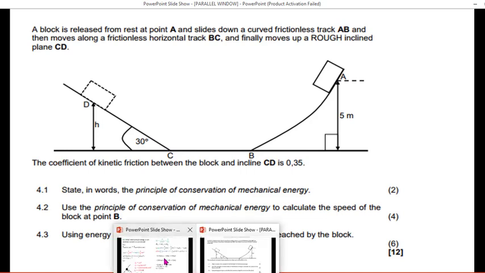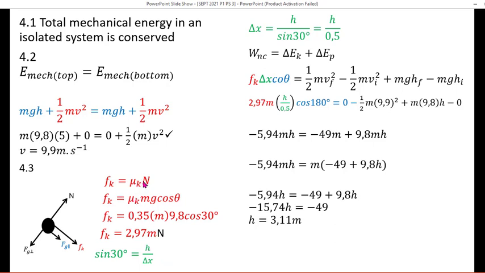Now, from the formula we have just seen from forces, we can say that Fk is equal to the coefficient of friction times the normal force, and then the normal force, let's remember, on the incline is equal to the perpendicular component of the gravitational force.